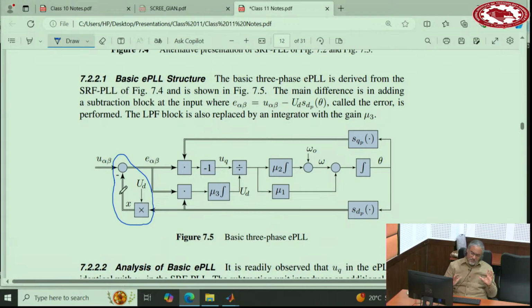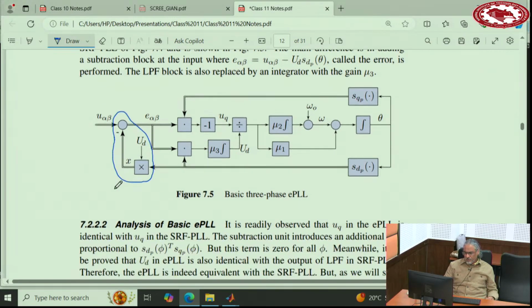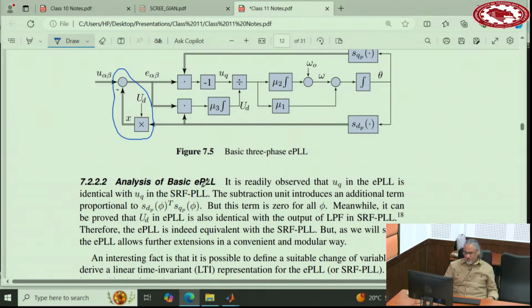So even if you add this subtraction, it's not going to change anything. We have no ripples. But you will see we are going to move to the next case where we have negative sequence. If you have negative sequence, you can use this summation here. But before going to that point, let's do a little analysis of this basic EPLL.